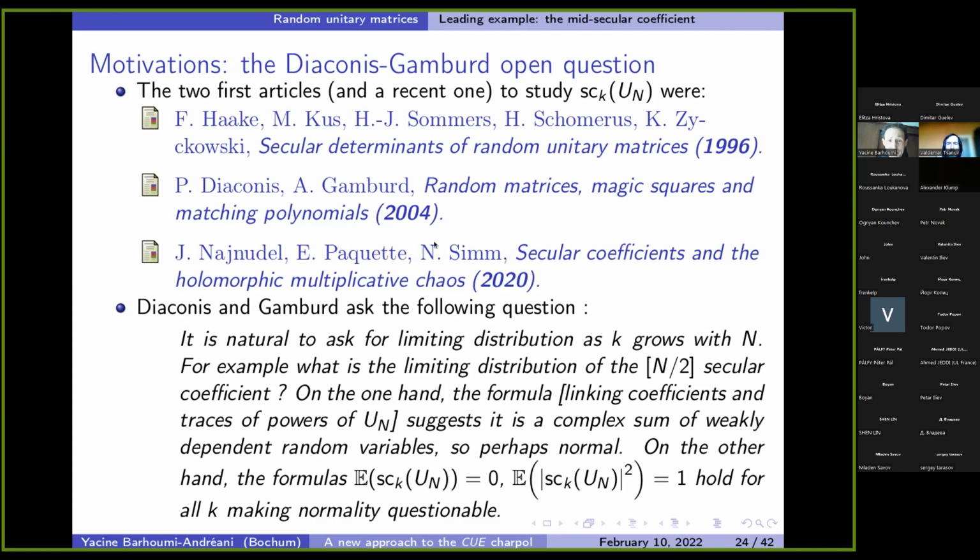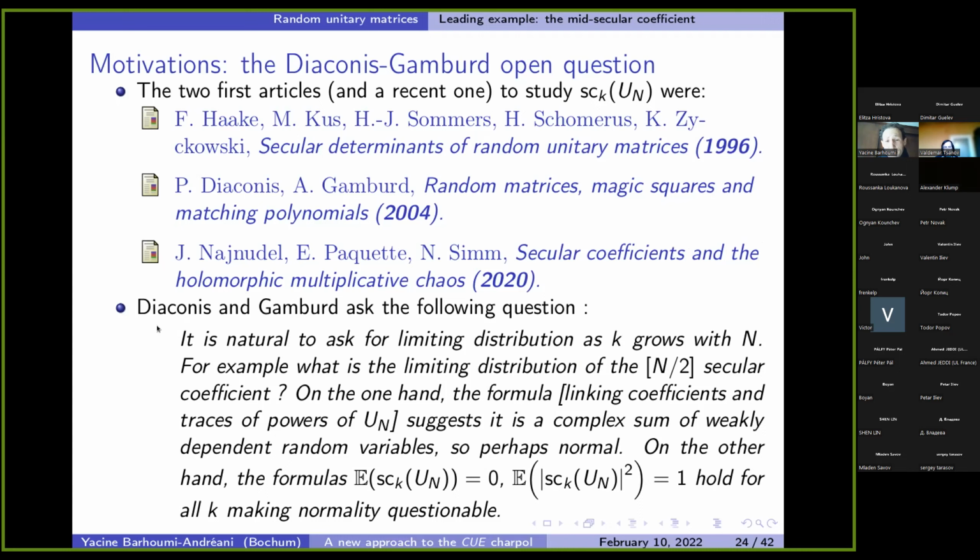And there is a last paper that was published exactly at the same time as mine on arXiv, which analyzes the secular coefficients with multiplicative chaos. This is one of the theories that are being developed right now in probability theory. So there is a link with multiplicative chaos. But what were those people and myself trying to do?